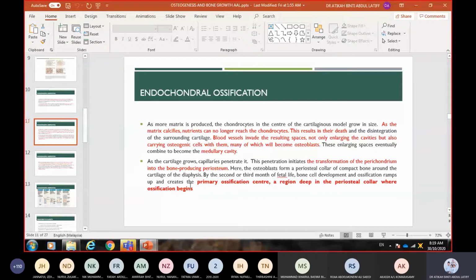Here the osteoblasts form a periosteal collar of compact bone around the cartilage of the diaphysis. By the second or third month of fetal life, bone cell development and ossification ramps up and creates the primary ossification center, a region deep in the periosteal collar where ossification begins.